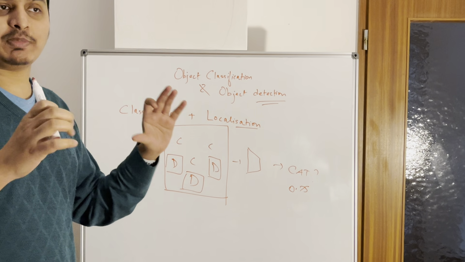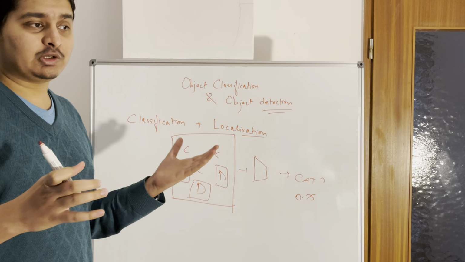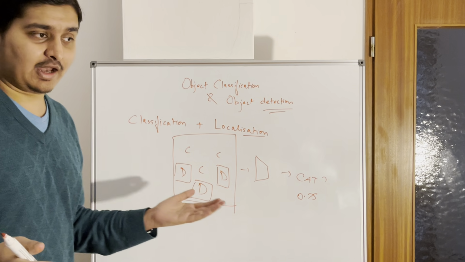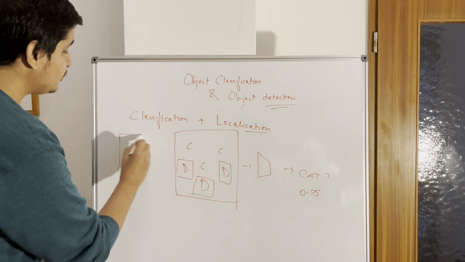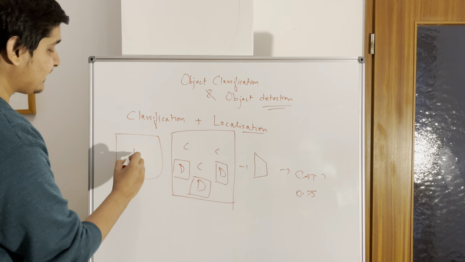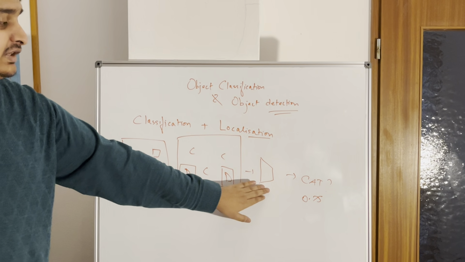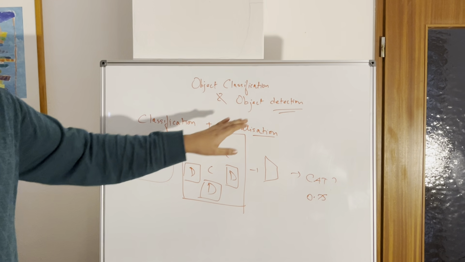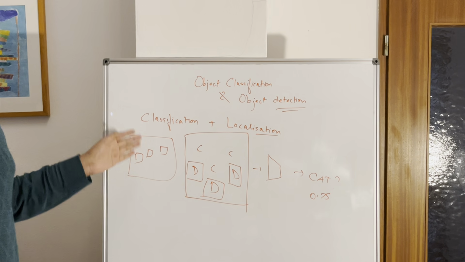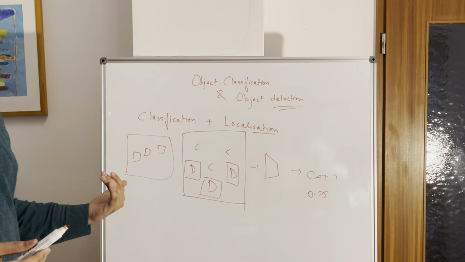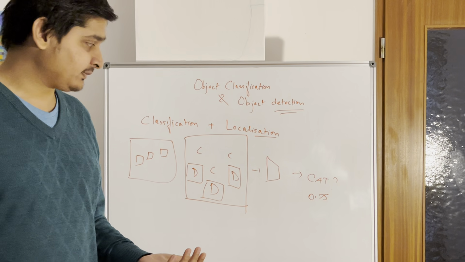When you're trying to click pictures with your absolutely updated smartphones, and you see that inside the view of a picture, if several people are standing, you will see so many boxes around their faces. So there is a model inside which is trying to do object detection. Basically faces. The face is an object, the human face. That's why it's called face detection.